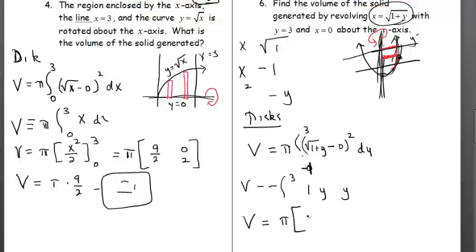I'm going to integrate. That's going to go back to y plus y squared over 2. Evaluated from -1 to 3.